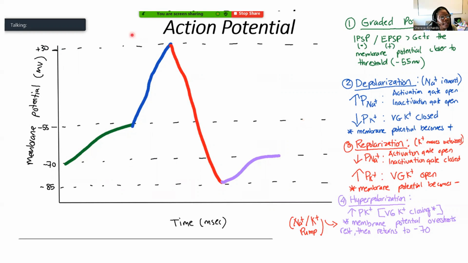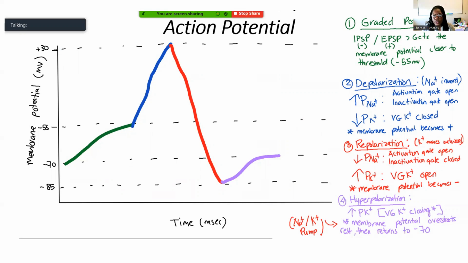Someone else is asking, I think I missed this, what does IPSP and EPSP stand for? So we haven't talked about this yet. IPSP is an inhibitory postsynaptic potential. And we'll talk about exactly what that means, but that is a negative membrane potential change. In other words, a hyperpolarization or hyperpolarizing event.